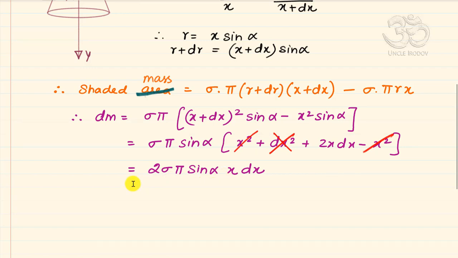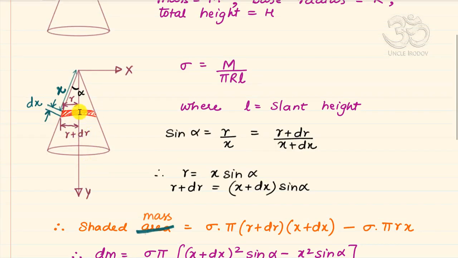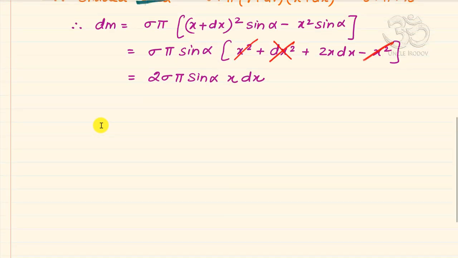And what will be the center of mass of this small ring which I have obtained here? So if you look at the distance of the center of mass of this ring from the origin, which I have taken to be at the apex of this cone, you will see that it is equal to x cos alpha in the vertically downward direction. So therefore I can say y center of mass is x cos alpha.